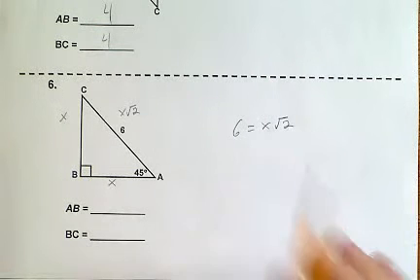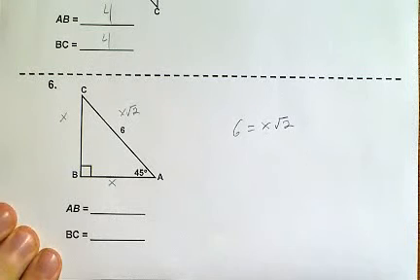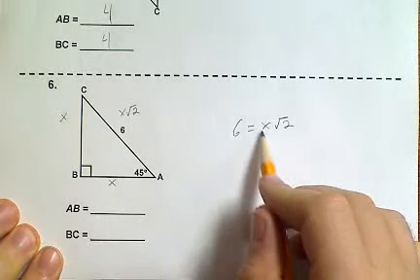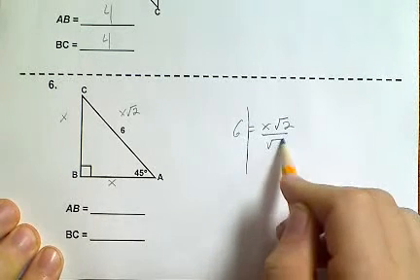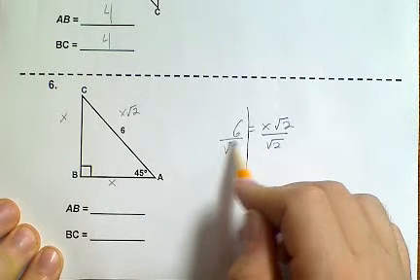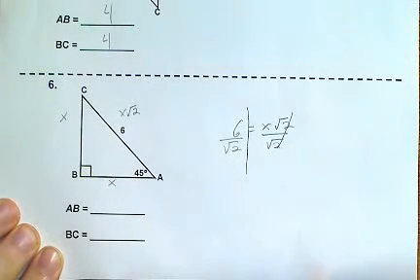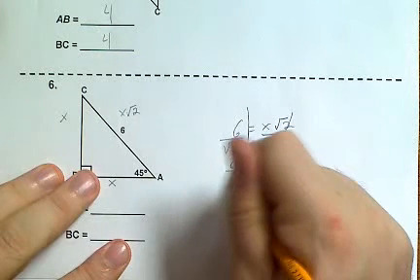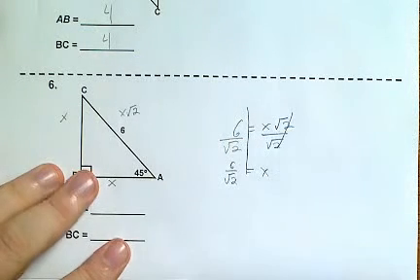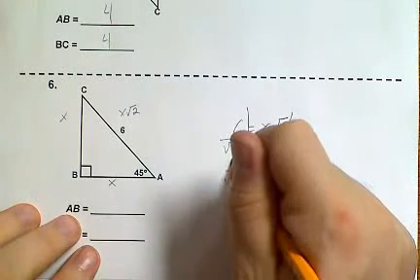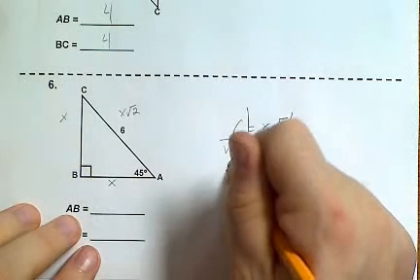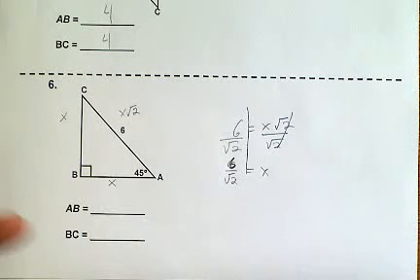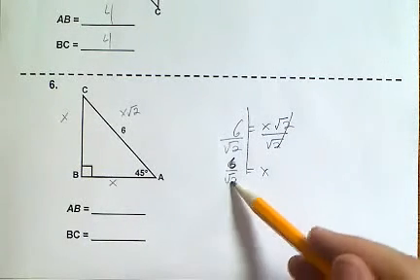So to do this, I'm going to simply divide both sides by the square root of 2. That gets rid of my square root of 2. So now x equals 6 over the square root of 2. Problem is that I can't have a square root in the bottom.